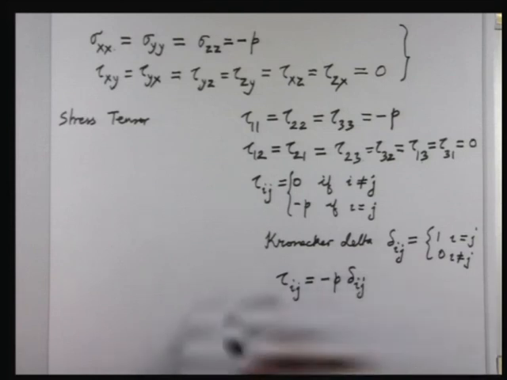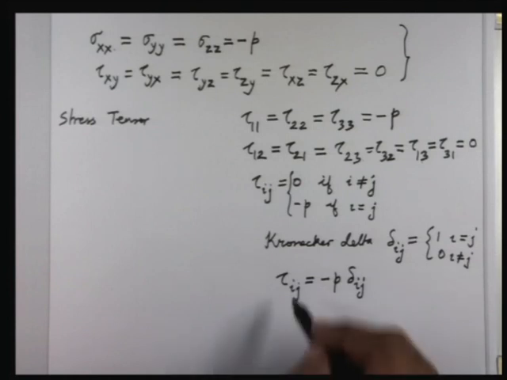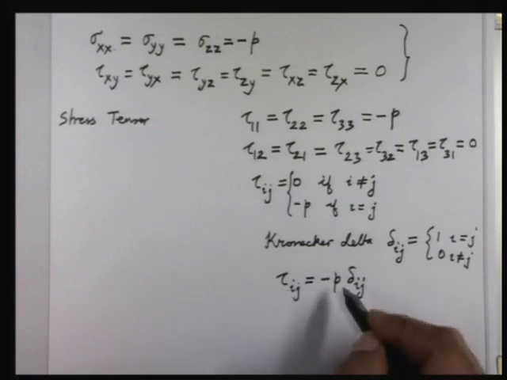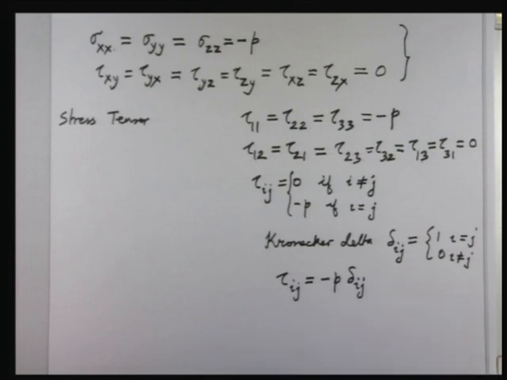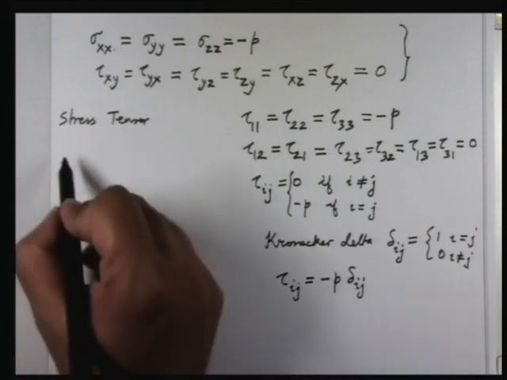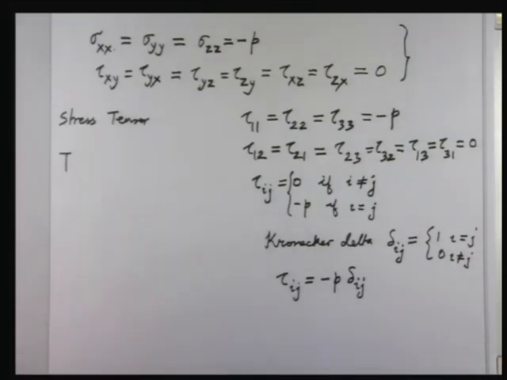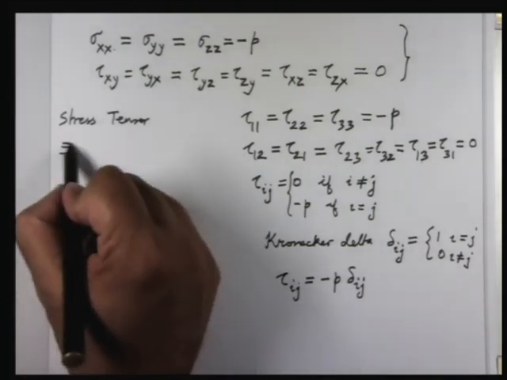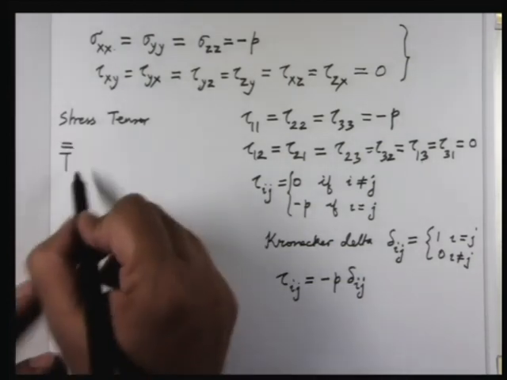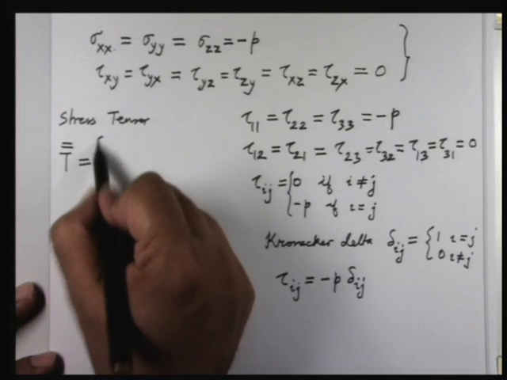So this is the stress distribution in a fluid which is at rest. So at each point, tau ij is minus P at that point into delta ij. Now I can define a stress tensor which I will denote this way, T with 2 bars on top. So this is a 3 by 3 matrix.